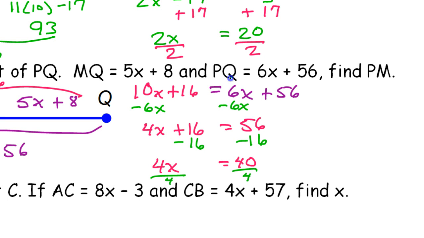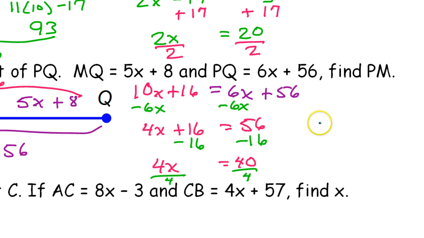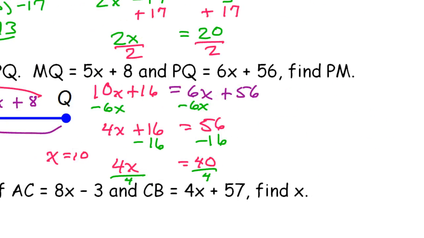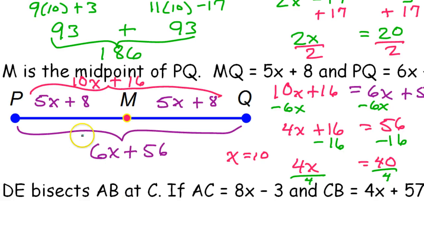So x is 10. Alright, once we know that x is 10, because we're supposed to find PM, and here we have an expression for PM right here. It's 5x plus 8.